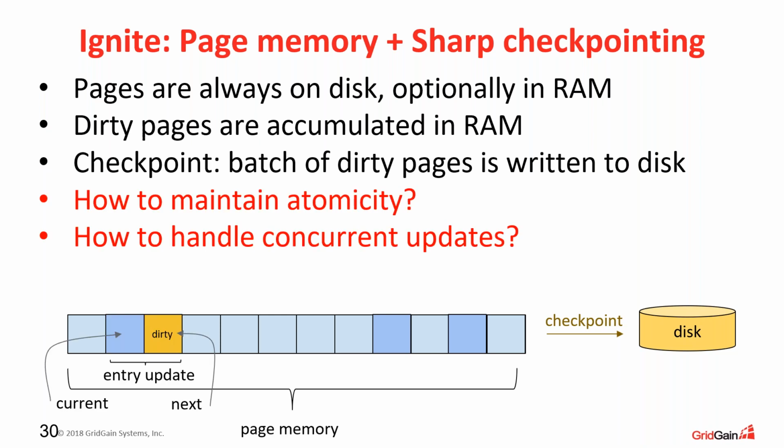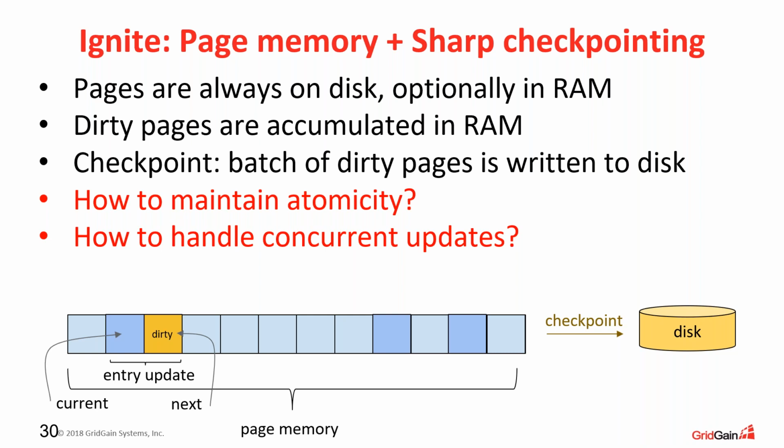But checkpoint also needs to be consistent. And there are two questions that we face. First is how to maintain atomicity. By atomicity, I mean that complex operations should either be included in checkpoint completely or not included at all. Imagine an entry update that updates a big data row that can't be fit in one page.